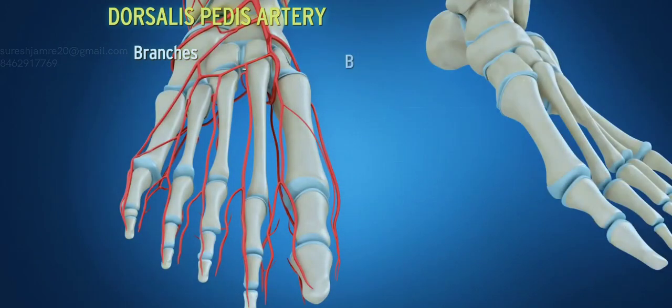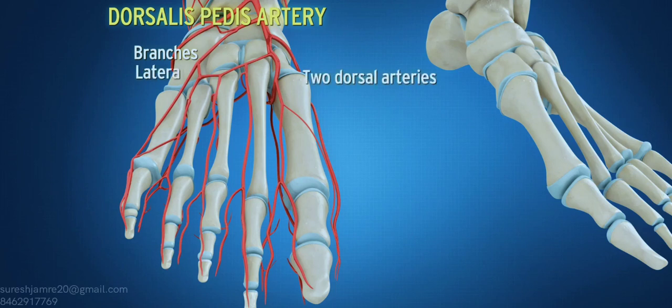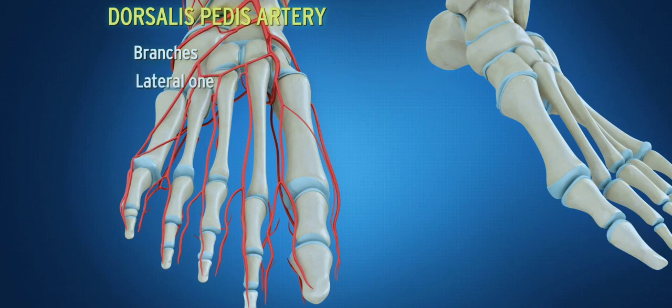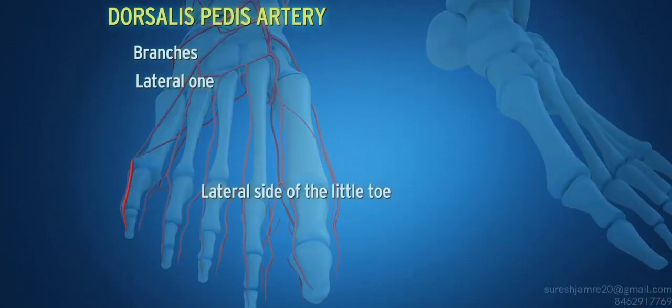It arises near the base of the second metatarsal and runs laterally to reach the lateral edge of the foot. It gives three dorsal metatarsal arteries, each of which divides into two dorsal arteries for the lateral four toes. The lateral one sends a twig to the lateral side of the little toe.